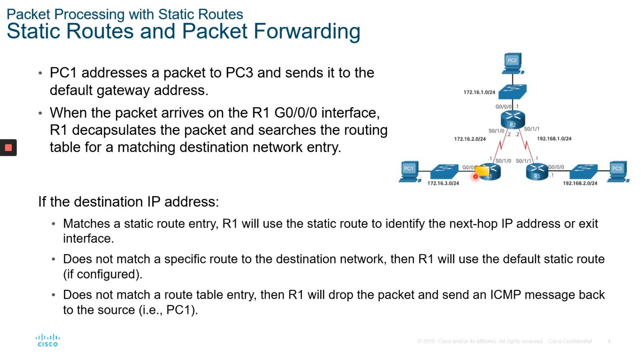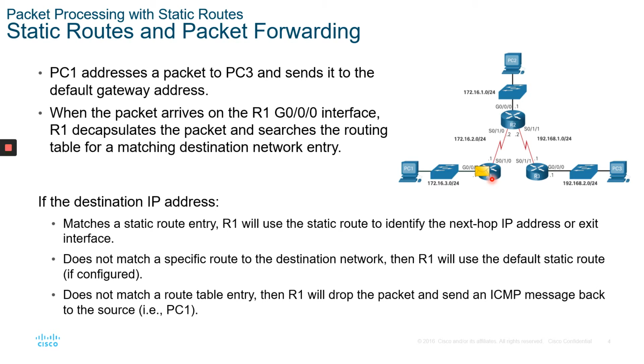It's the one connecting all these computers in this network to the outside world. So that particular router is known as a default gateway. Now PC1 will send the message to R1. It will have the address of PC3.